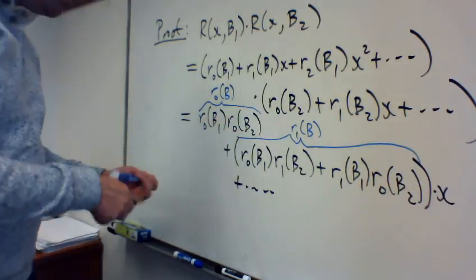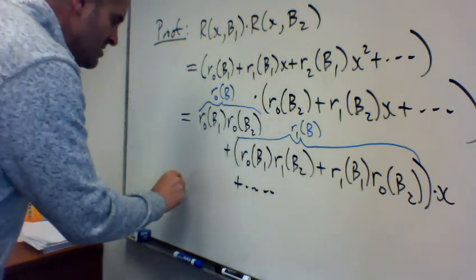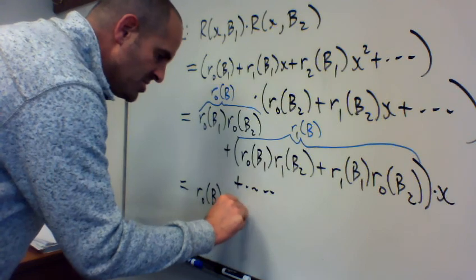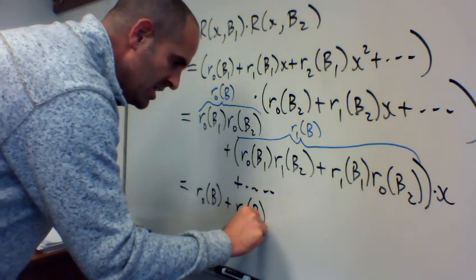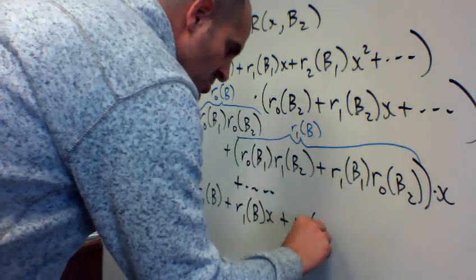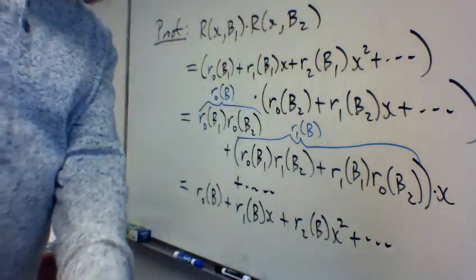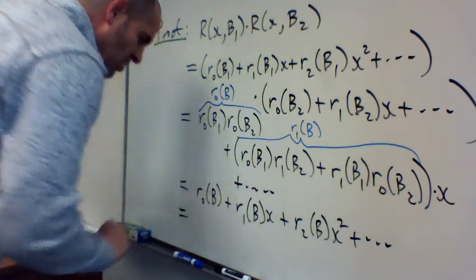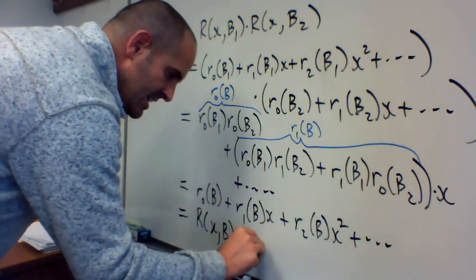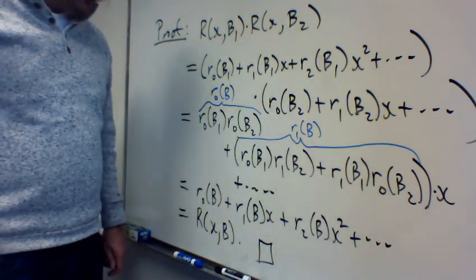Well, the result gotten by multiplying the two subboard rook polynomials together is just going to be R0 of B plus R1 of B x plus, of course, if I would have written the next term, you would have seen that it's R2 of B x squared plus etc. And finally, that, of course, is just the rook polynomial for the board B. And that is it. That's the proof.